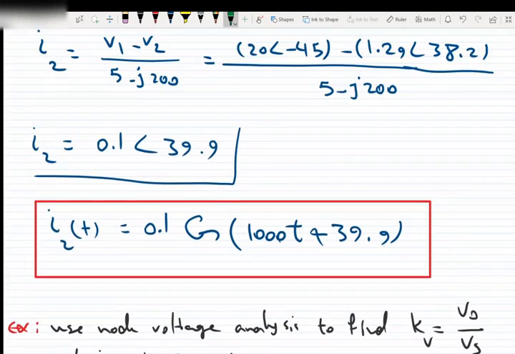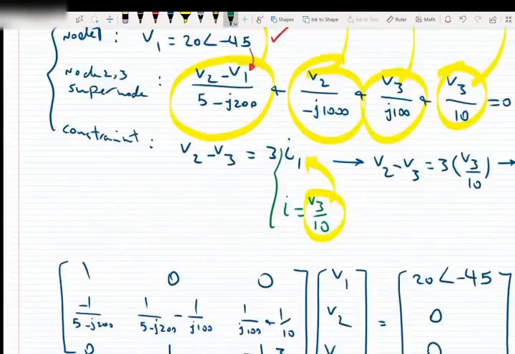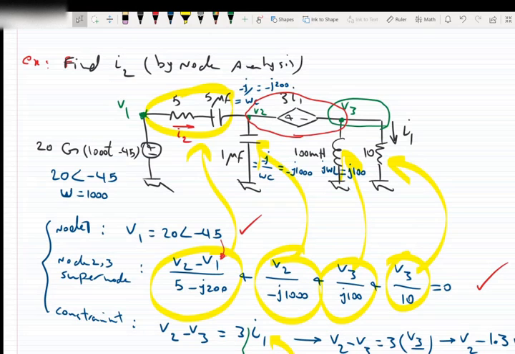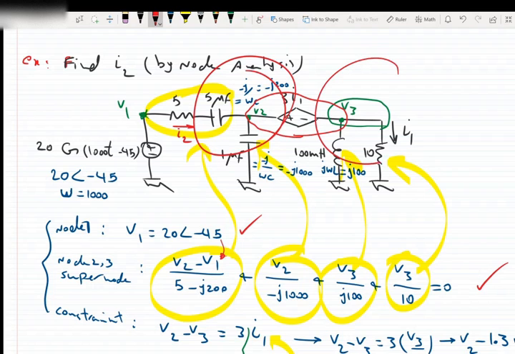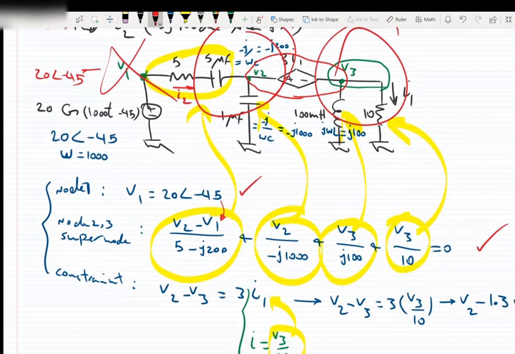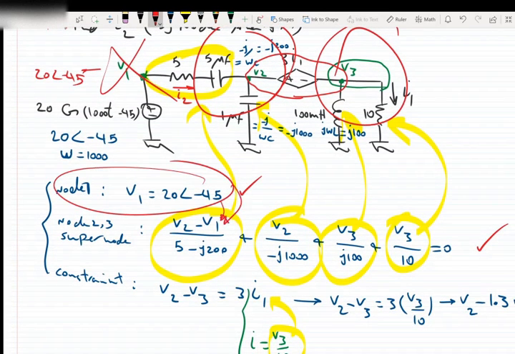The same thing is applicable for other examples. So in our previous example, we could say we have only two nodes. We have one node here, one node here. There is no node here, and the voltage here is equal to 20 with angle of negative 45. Okay, it's the same as considering V1 as a node and then substituting the value.